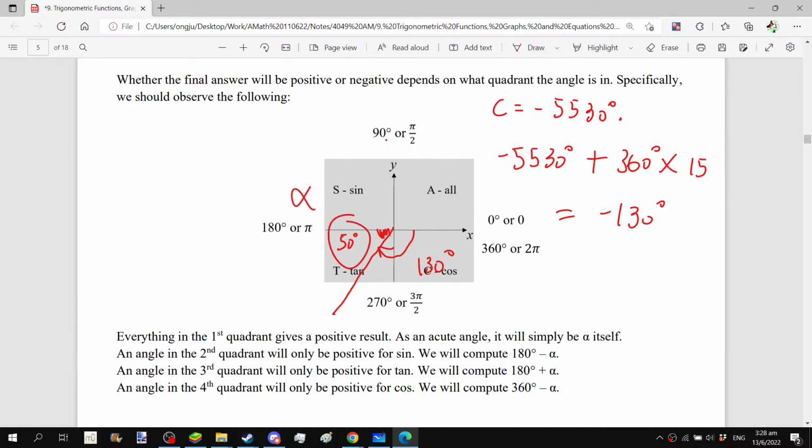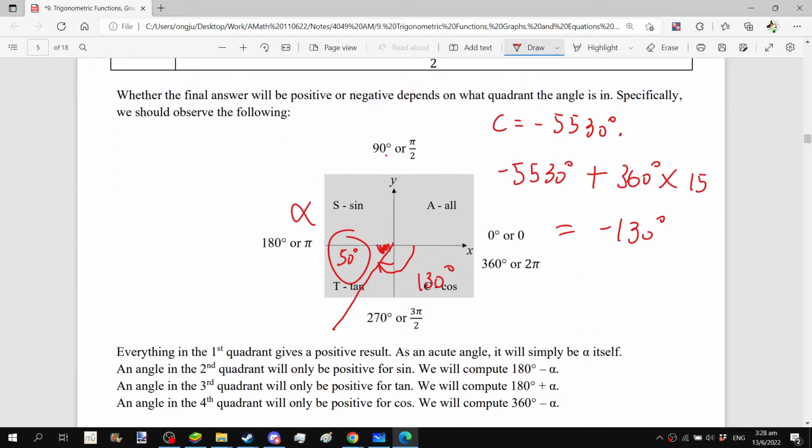Otherwise, what you can do is you can actually deliberately go an extra round, and this will give you this guy over here, right? And once you go this extra round, then you can simply go on to ask yourself, okay, how do I find the basic angle? And we will do so by using this formula, right?